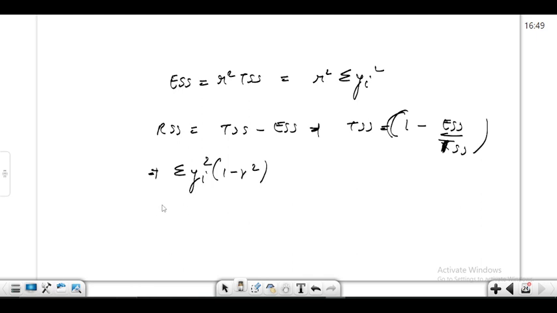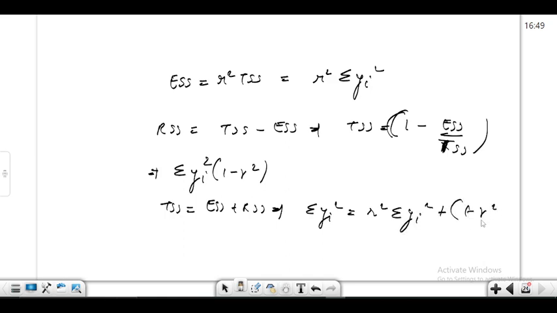So TSS is equal to ESS plus RSS, which implies summation yi square is equal to R square summation yi square plus 1 minus R square into summation yi square.